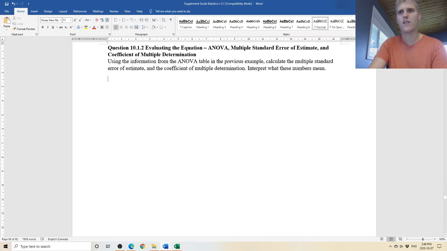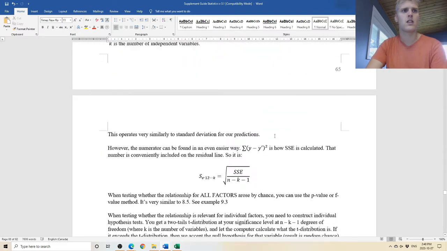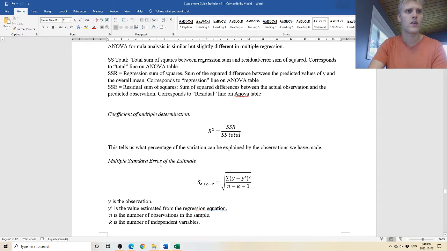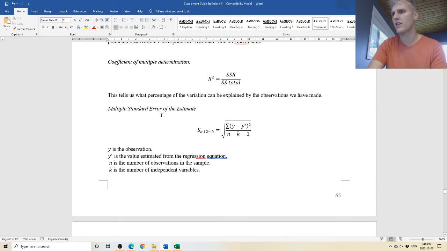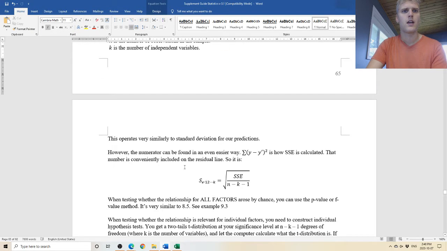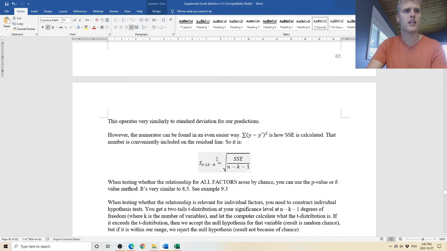So if we have a look in our formula sheet, we'll be able to find formulas here. Multiple standard error of the estimate. Fortunately, this is actually found in our ANOVA. It's our SSE.